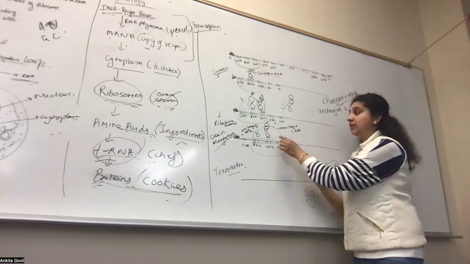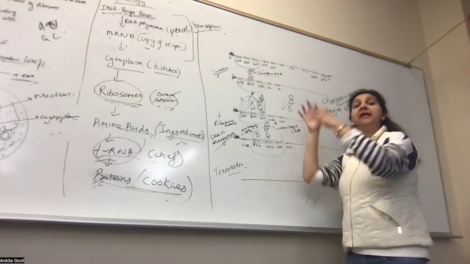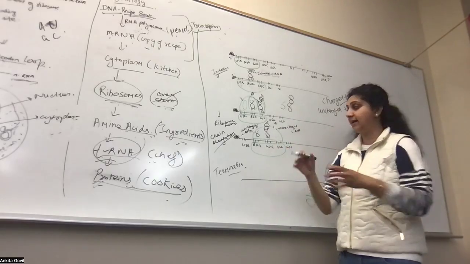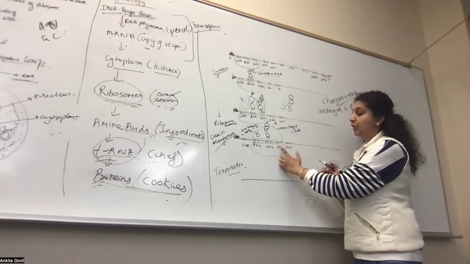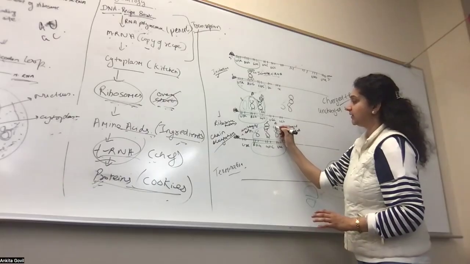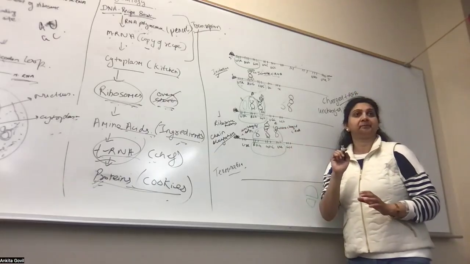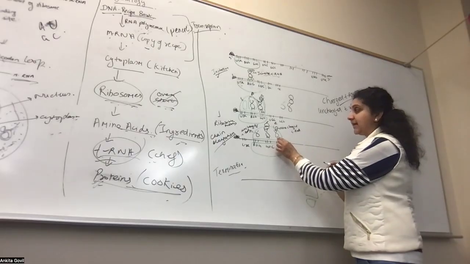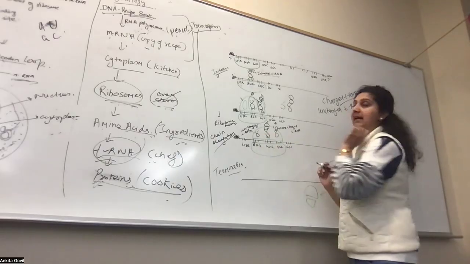So now what will happen on this empty site? A new tRNA which has the anticodon for UGC will come and attach here with the new amino acid. Okay, so this is the A site, P site, and E site.